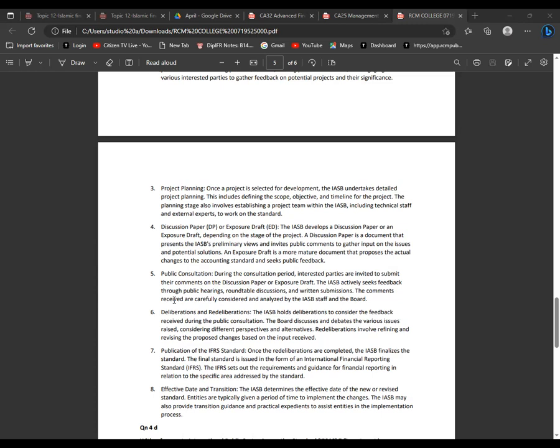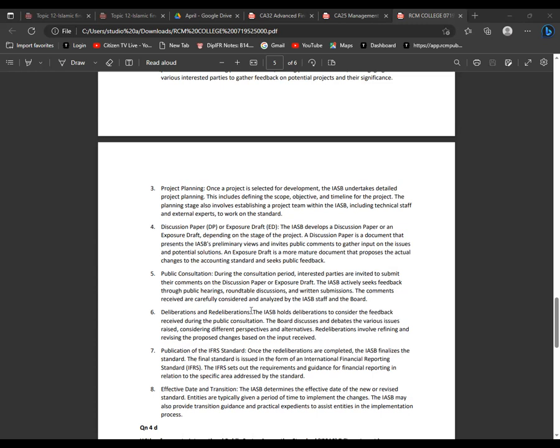So the same case here, public consultation, public engagements. During the consultation period, interested parties are invited to submit their comments on the discussion paper or exposure draft. The ISB actively seeks feedback through public hearings, roundtable discussions, and written submissions.